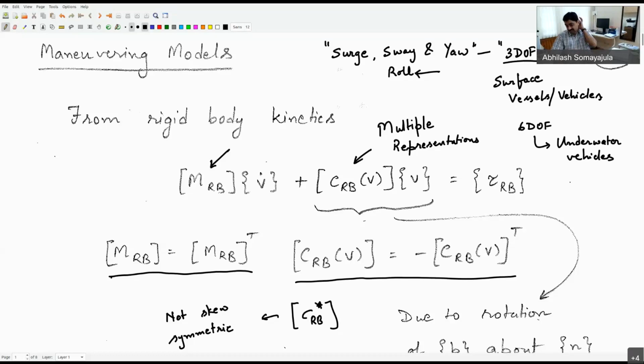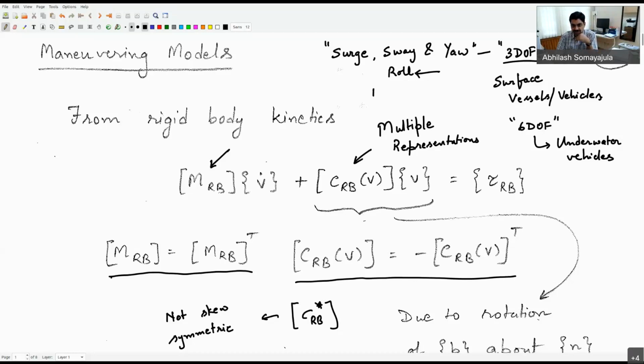That is because all the modes of motion may be relatively large, so you may pitch by large angles, you may roll by large angles, you may experience an increase in depth as your AUV tries to submerge itself. These modes start to interact with each other through coupled dynamics. So there we can't get away with a 3-degree of freedom model, and we would really require a 6-degree of freedom model.